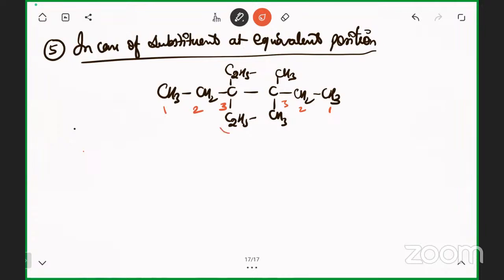So this is ethyl, this is methyl. The naming is done alphabetically. In alphabetical order, E comes first and M comes last, so I'll do the numbering from the left side.